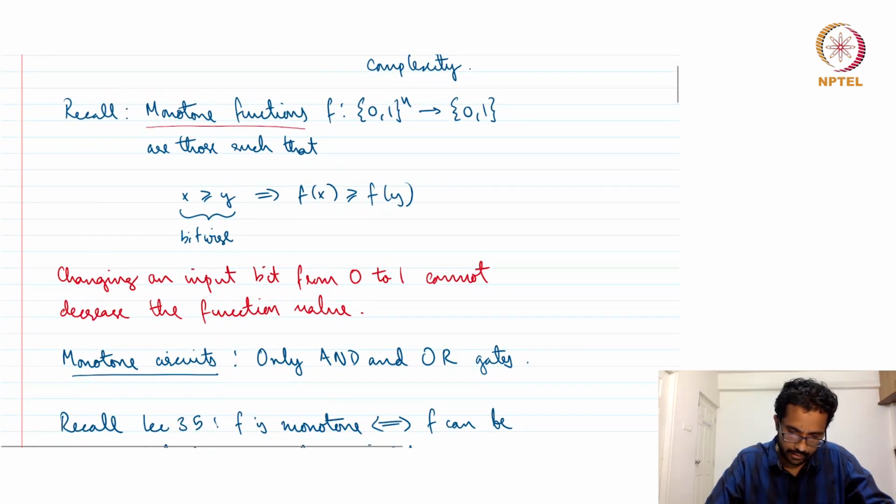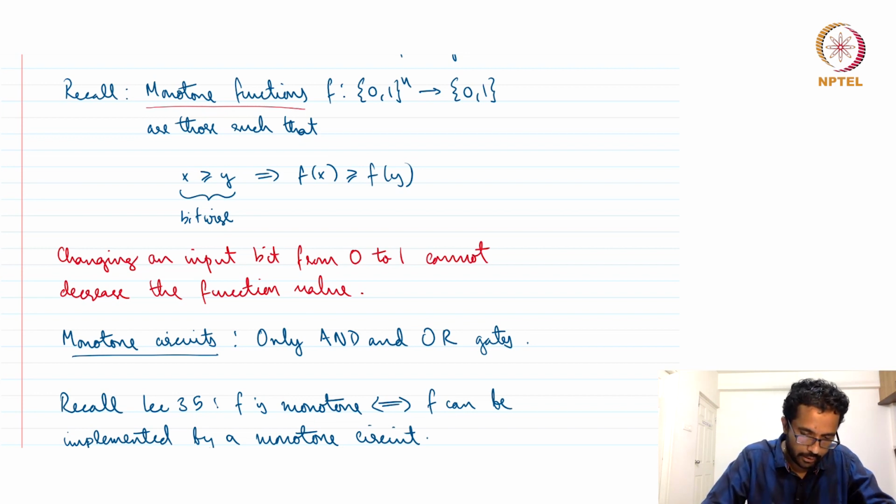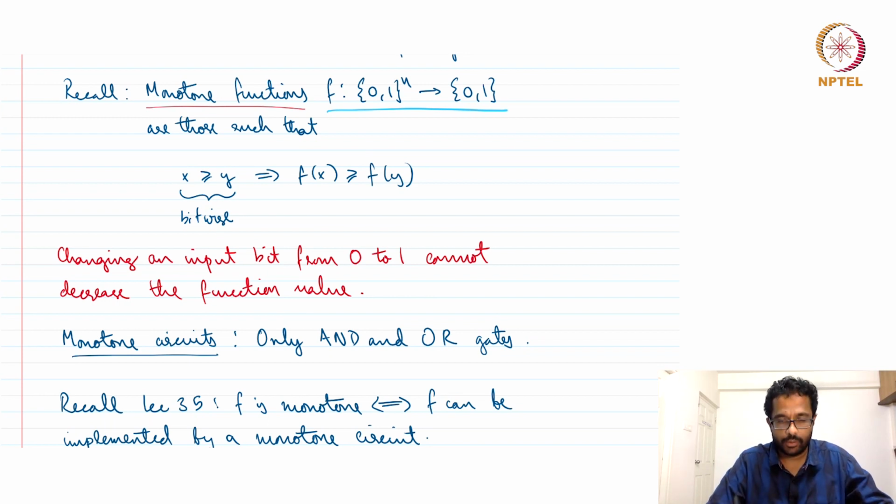So before we start, let me just recall monotone functions and monotone circuits. Monotone functions are those where if there are two inputs x and y, and x is greater than or equal to y, then f of x is greater than or equal to f of y. Remember, all of this is for Boolean functions, so n bits to a 0, 1 output.